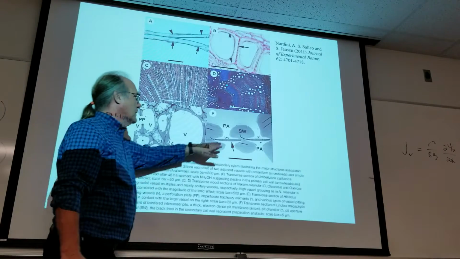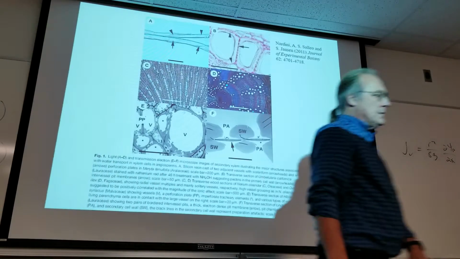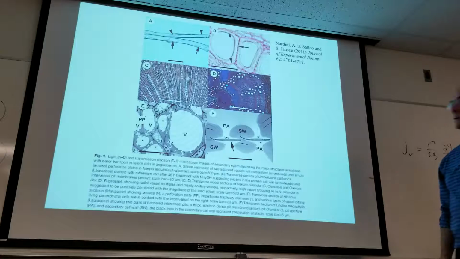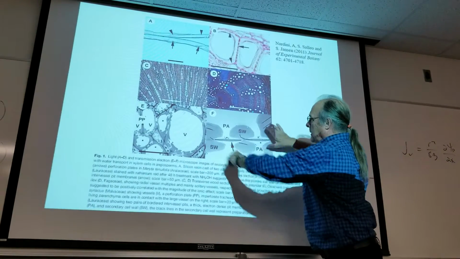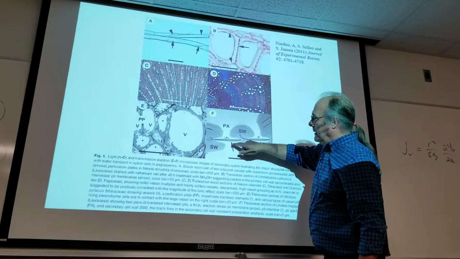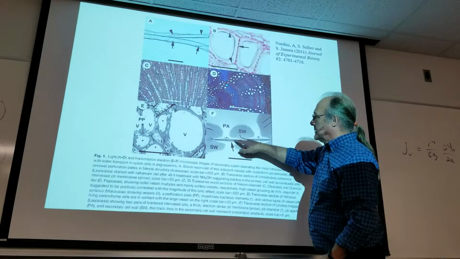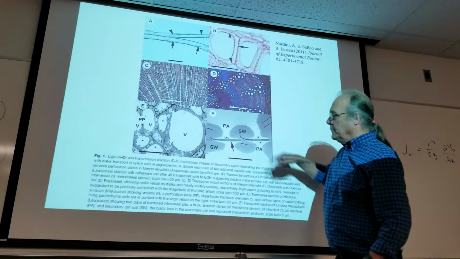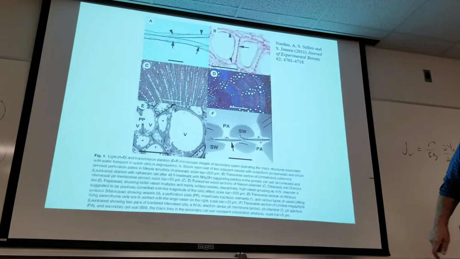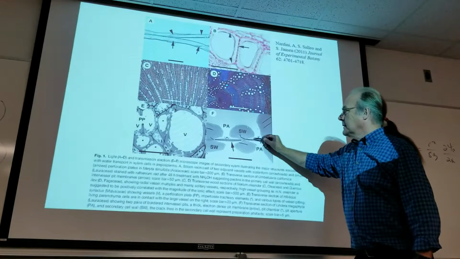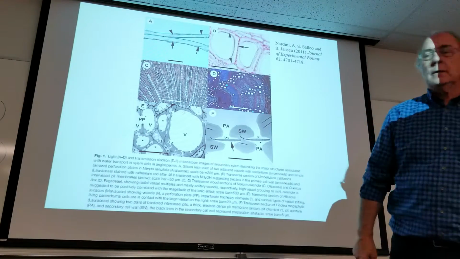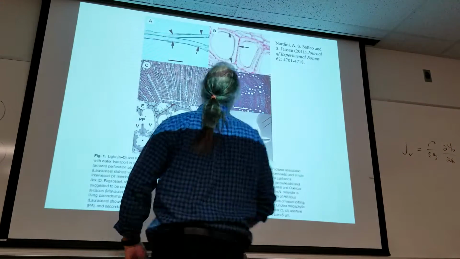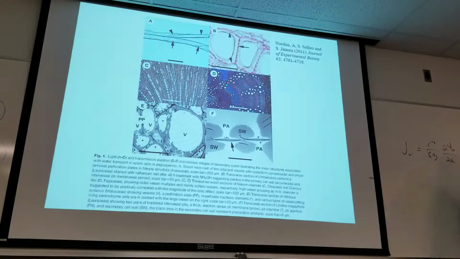And this one shows a bordered pit, similar to this picture in the book, where here's the torus, here's the cell wall, and it looks like it forms a solid barrier across there, but it doesn't, and the water can easily go around it, around this torus in the middle. So just some pictures of xylem.